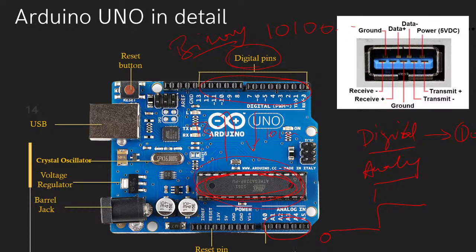Okay, next there are analog pins. There are 6 analog pins and 14 digital pins. What are analog pins used for? Suppose I want to use a sensor. The best example, like yesterday onwards we have been talking about a temperature sensor and making a weather application or temperature app, an Android app.